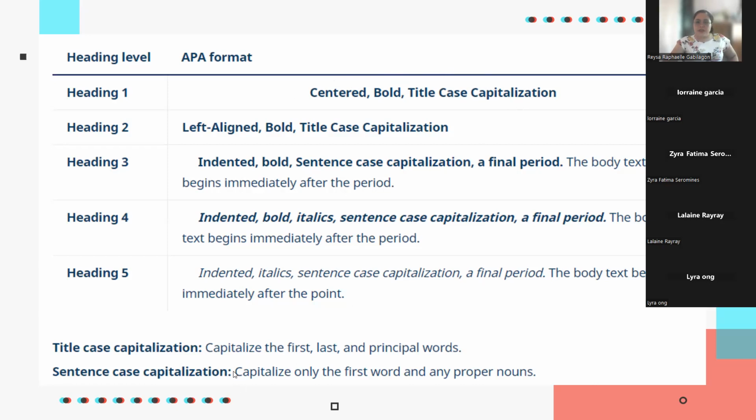What do you mean by title case capitalization? Capitalize the first, last, and principal words only. Okay? And then, left, basta heading 2 na siya, that should be left aligned, and then bold, and then title case capitalization pa rin. Okay?